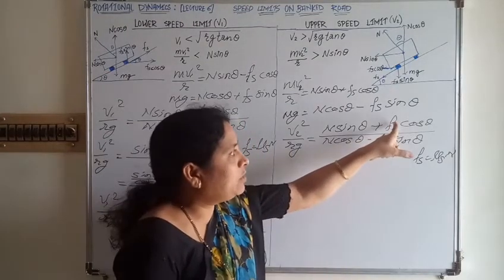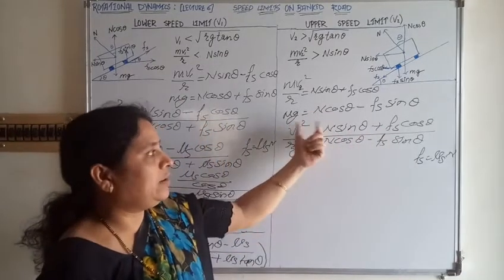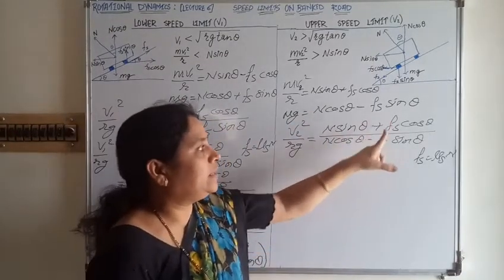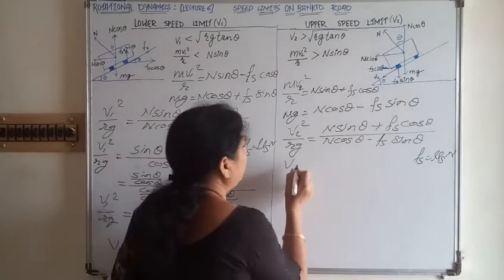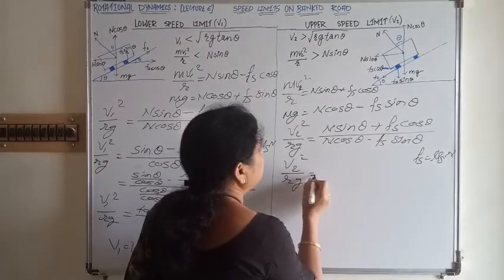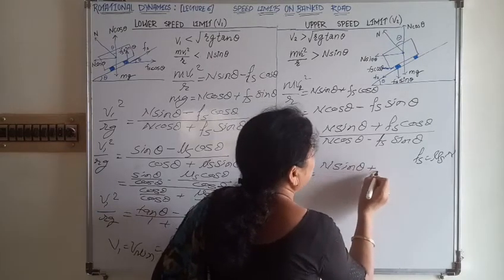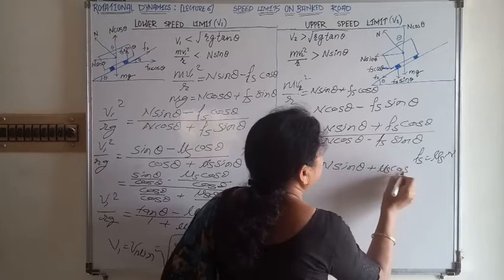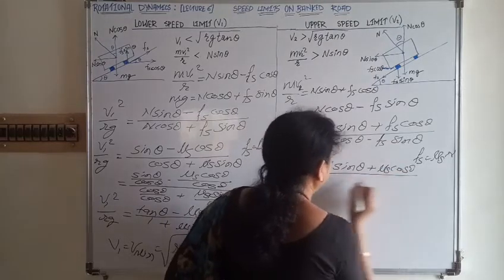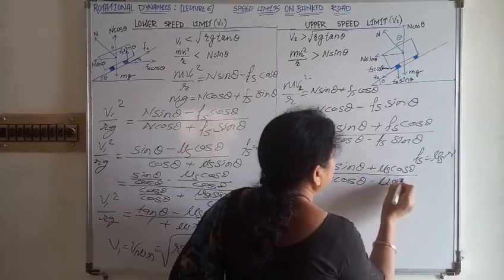When I put mu s into N here, N becomes common in the numerator and denominator, it gets cancelled, and we get the term mu s. So I can write v2 square upon rg is equal to sin theta plus mu s cos theta upon cos theta minus mu s sin theta.